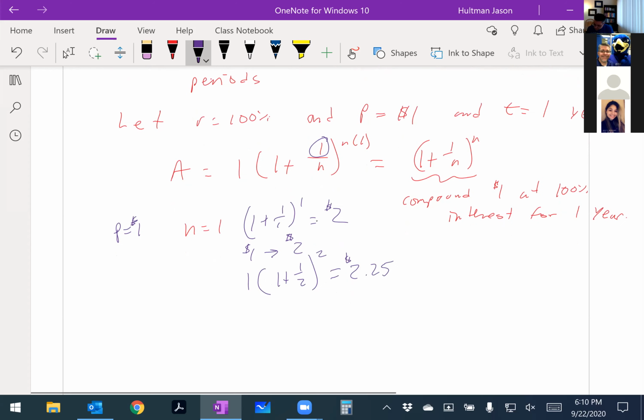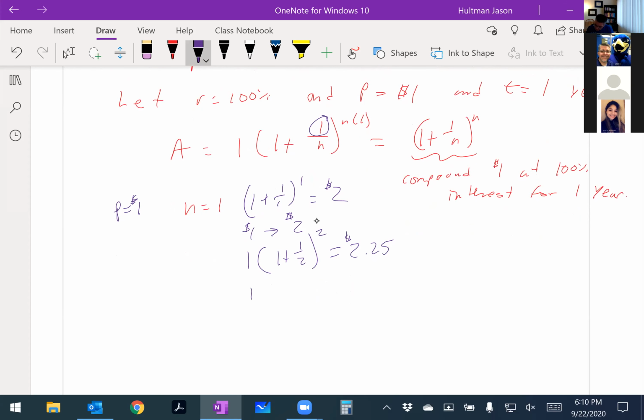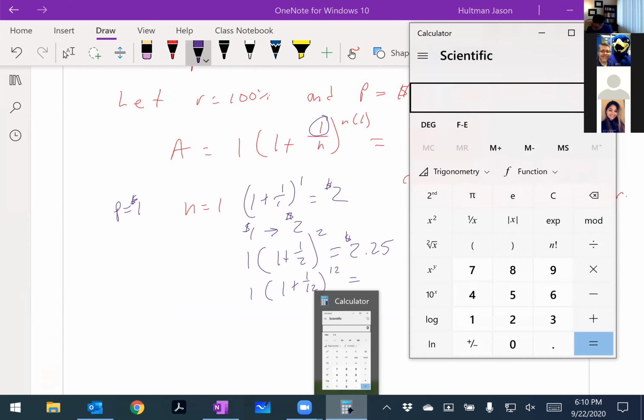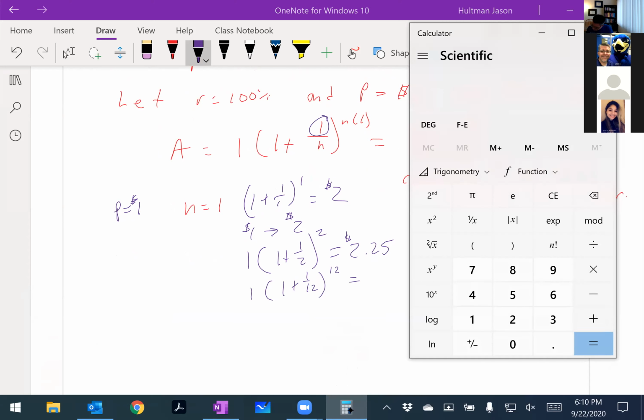Okay, so what would happen if I did it monthly? Would I make even more money? And the answer is yes, I would. Let's see what happens here. We're going to go 1 plus 1 divided by 12, and raise this to the 12th power. And I get $2.61.